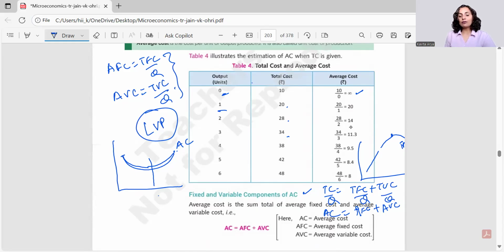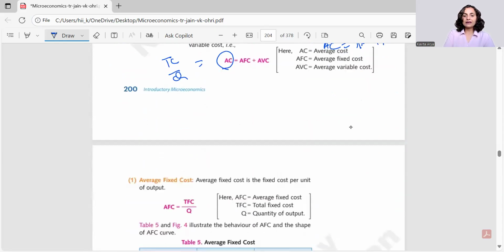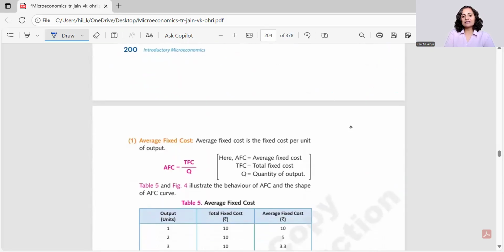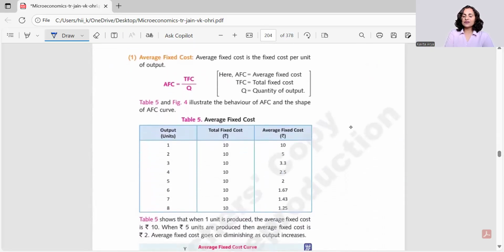Right. So you have two formulas of finding AC. AC you can find by sum total of AFC and AVC, as well as by simple division of TC divided by quantity. Right. So to know about this, let's understand what is average fixed cost first.